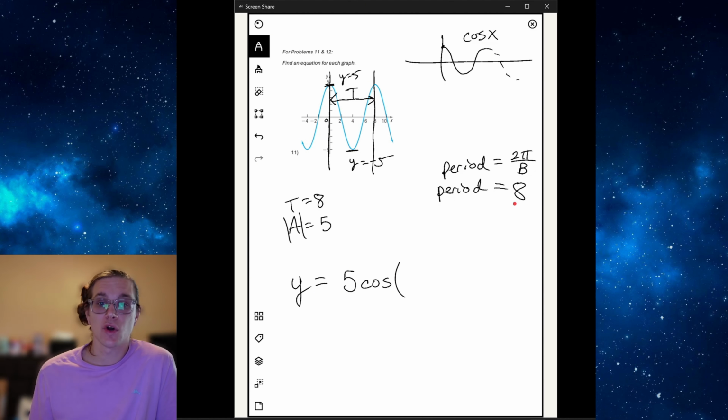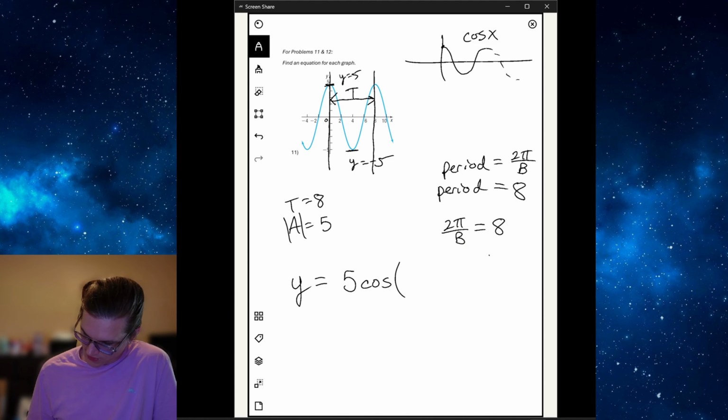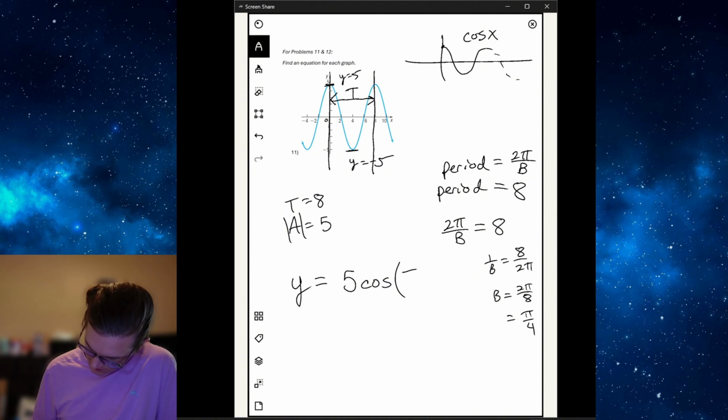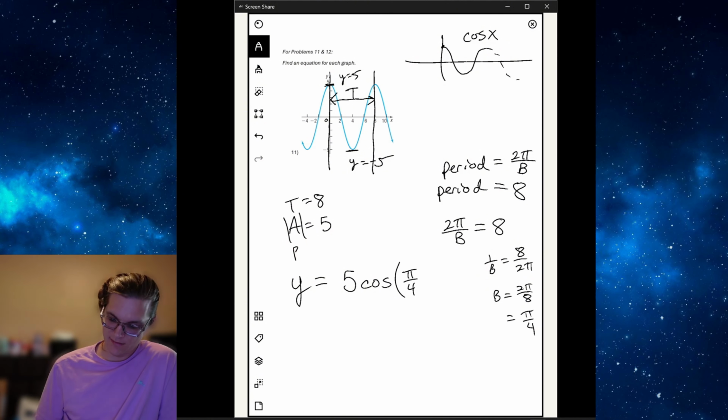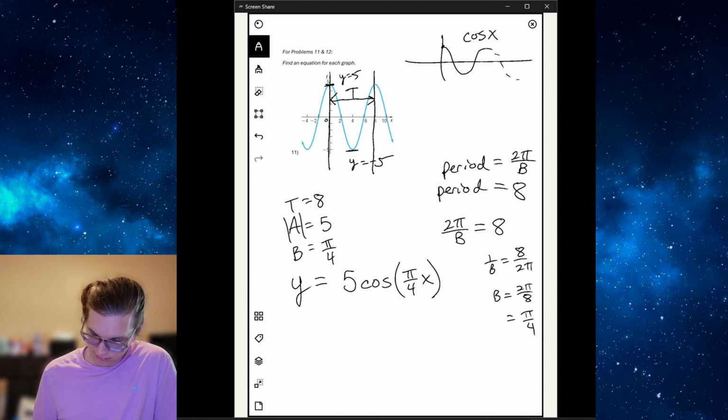So this tells me that 2 pi over b is 8. And doing a little bit of algebra, divide both sides by 2 pi gives me 1 over b equals 8 over 2 pi. Flip means b equals 2 pi over 8, which equals pi over 4, meaning my b is going to be pi over 4. So period is 8, b is pi over 4. And then you put the x there, because the function is working on x, and that's your answer.